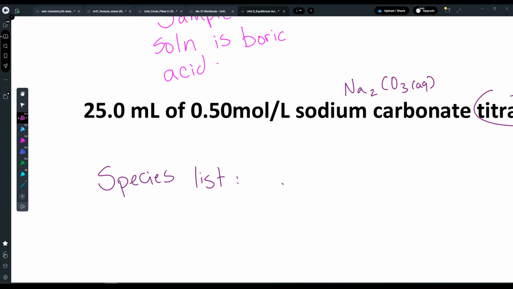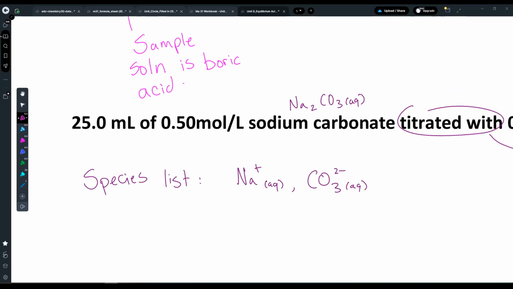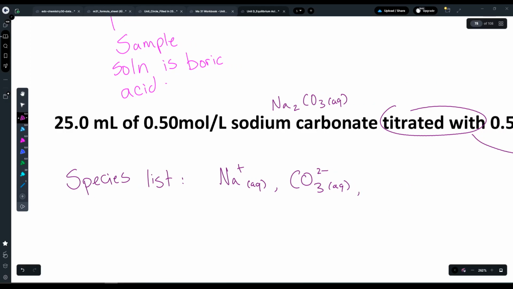The cations that make it up are the sodium ions, and then the anions are carbonate ions. Oops, that should be 2 minus. Because these are solutions, we do have to say that water is present.